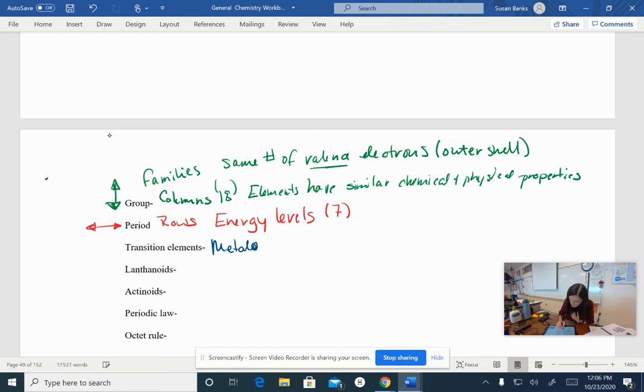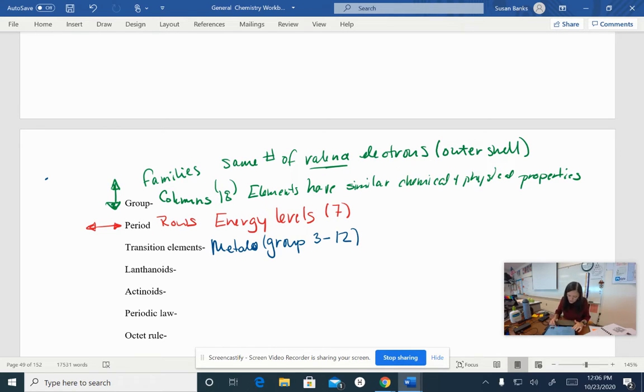They are metals, and they are groups 3 to 12. And they're usually what we consider the normal metals. There's iron in there, there's copper in there, there's silver and gold and zinc. All the things that we normally think of as metal are in that transition elements group.